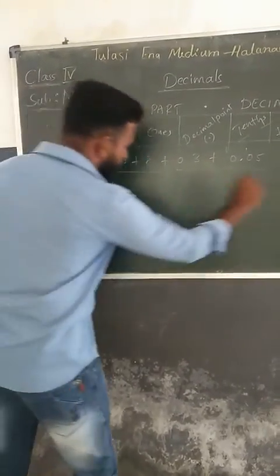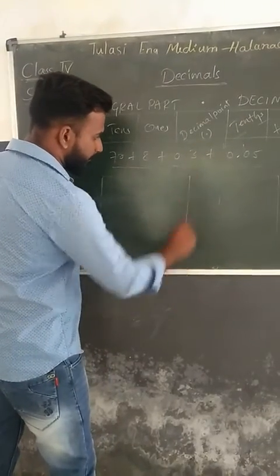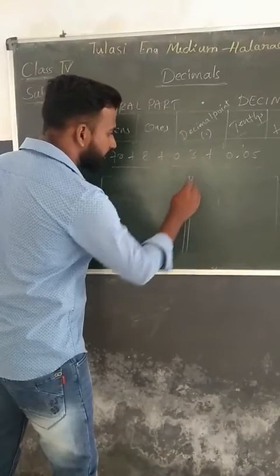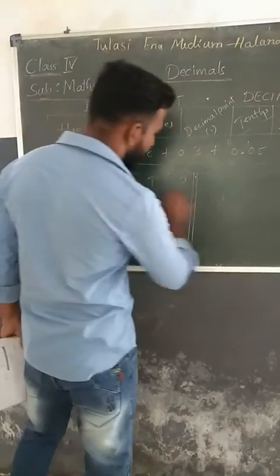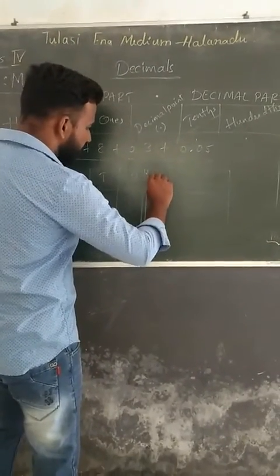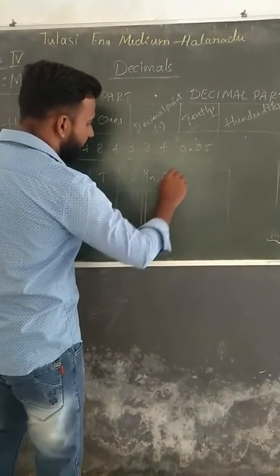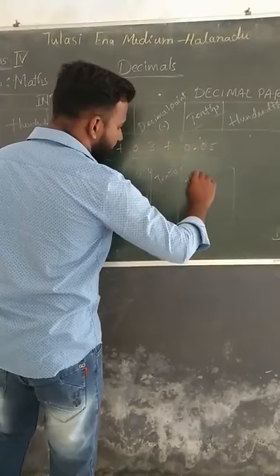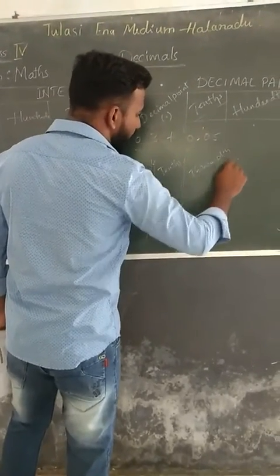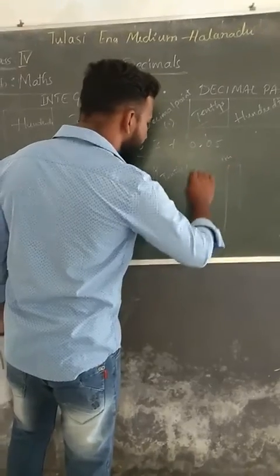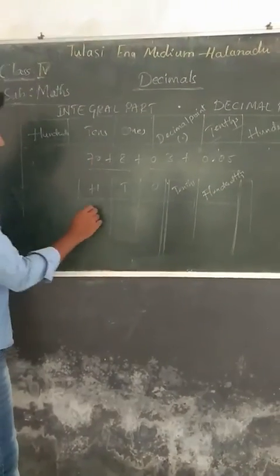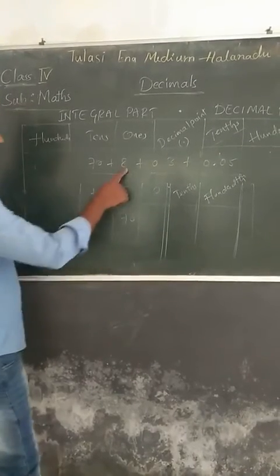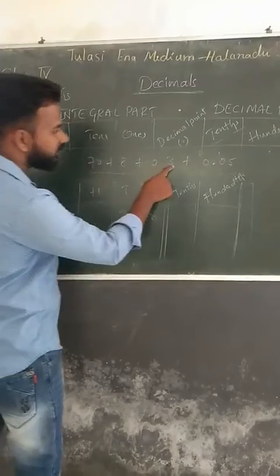So decimal point, ones, tens, 100, 1000. 70 in the tens place, 8 in the ones place, 0.3, 3 here, 5 in the 100th place.